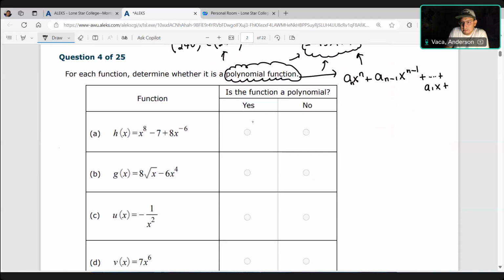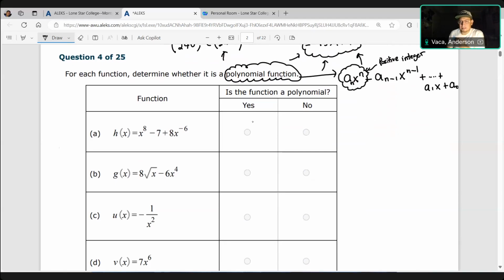So what happens is that for each one of those terms, x is raised to a power where this is a positive integer.